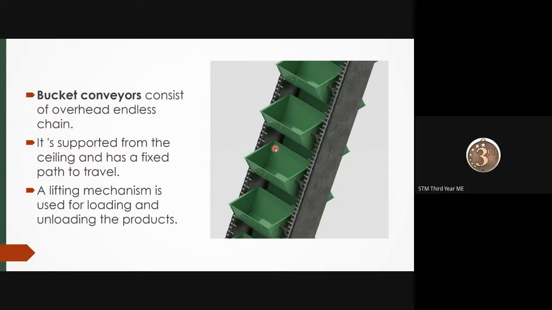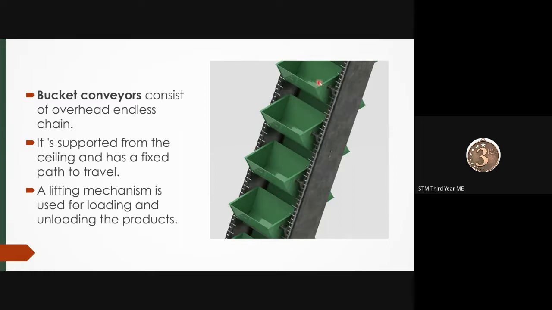Okay, so it is supported at the bottom, and sometimes it is also supported at the top, and the buckets move across this platform that is shown here. The bucket is in turn connected through a belt conveyor. You can see there is a flat plate inside.